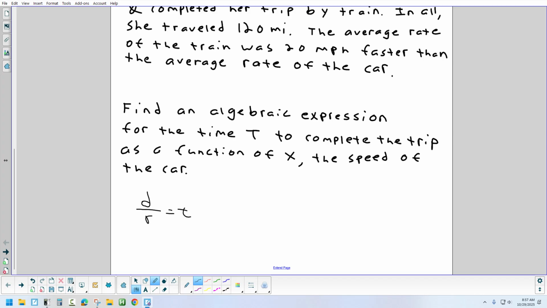Now, how many modes of transportation is Sue taking in this trip? Okay. 2. And we want to find the total time for her trip. So what would we have to do with the time she spends using each mode of transportation to find the total time for the whole trip?